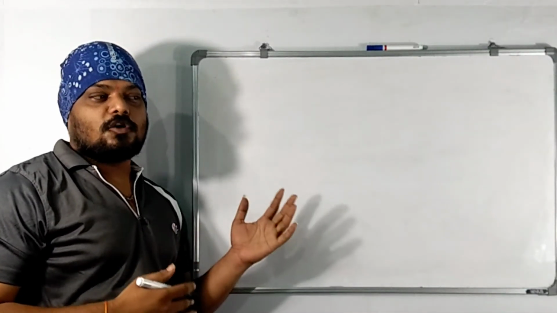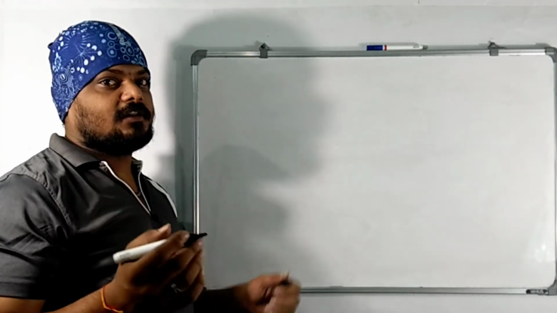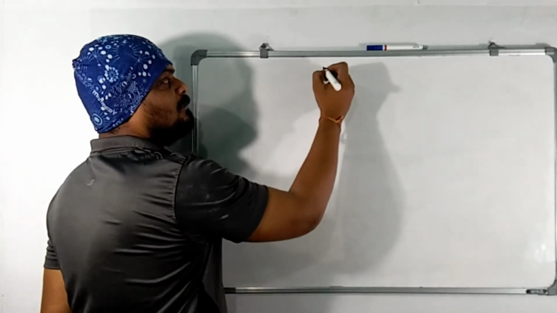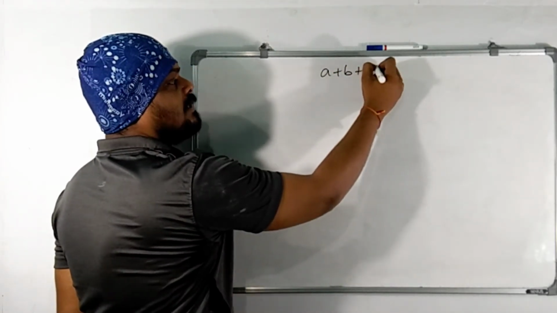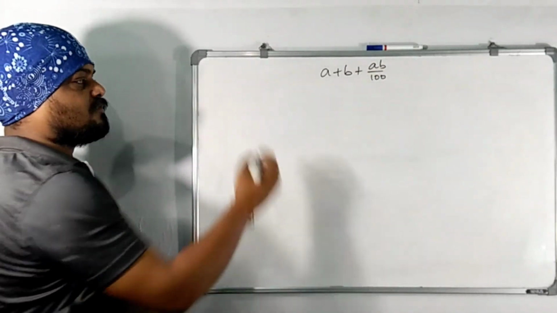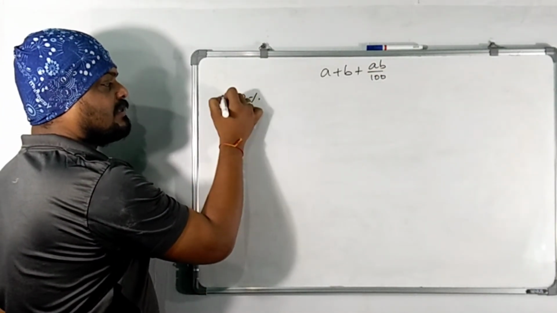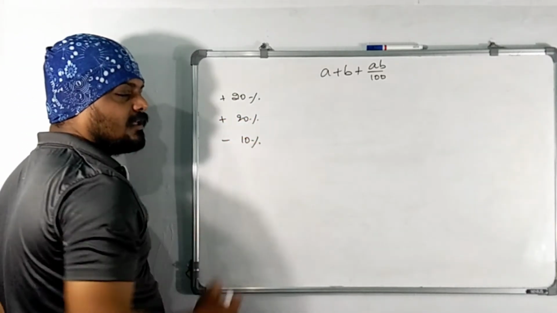Here, let us try to solve the question in a different method, which is the formula method. Many of them will teach you the formula way, which is a plus b plus ab upon 100. According to the conditions of the question, 20% increases, 20% increases and decreases by 10%, isn't it?